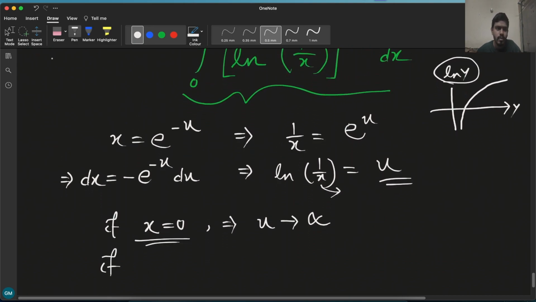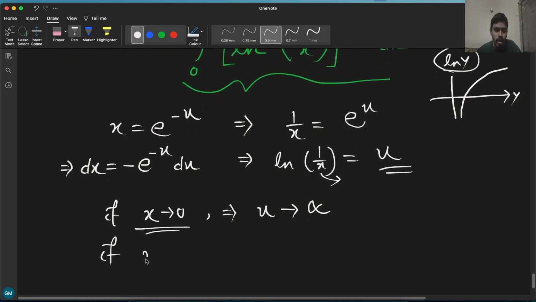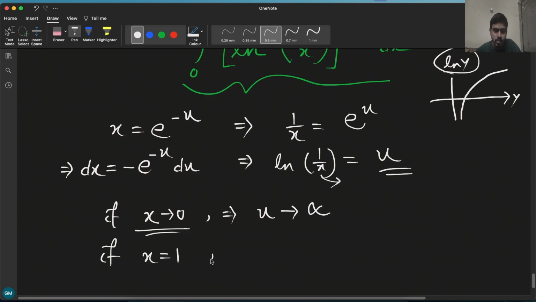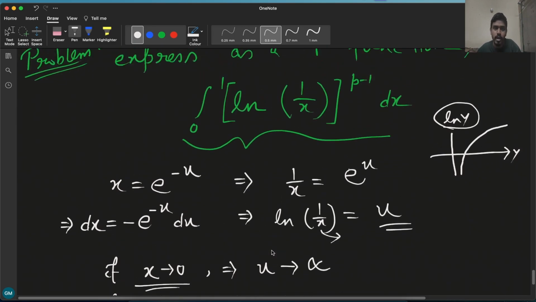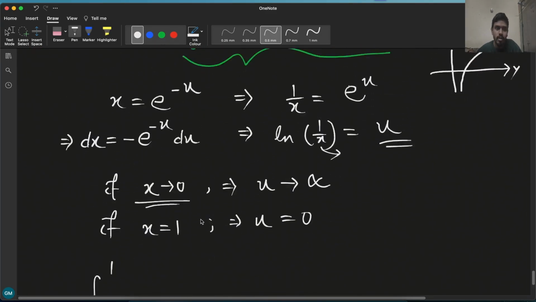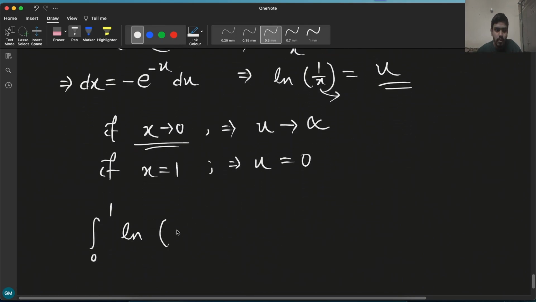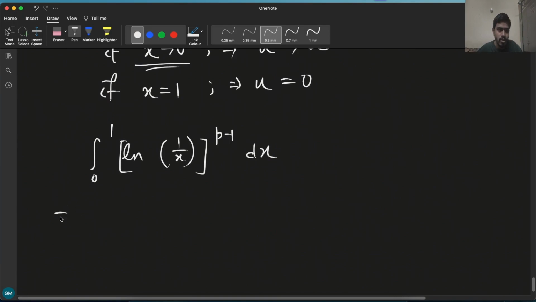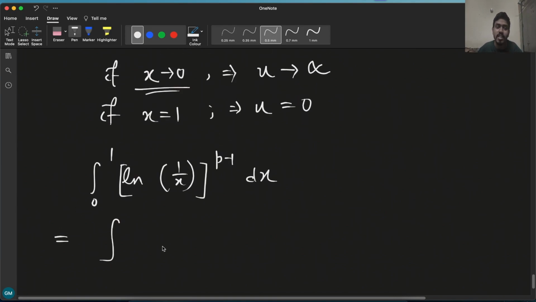And if x equals 1, if I put x equals 1, then it is ln of 1, and what is ln of 1? Ln of 1 is 0. So then u equals 0. And now let me write down this integral again. So integration from 0 to 1 of ln 1 by x whole to the power p minus 1 dx equals, so now I will replace this x by u.